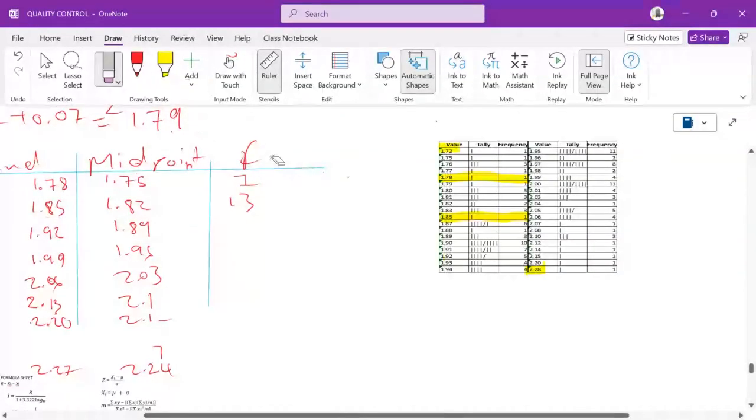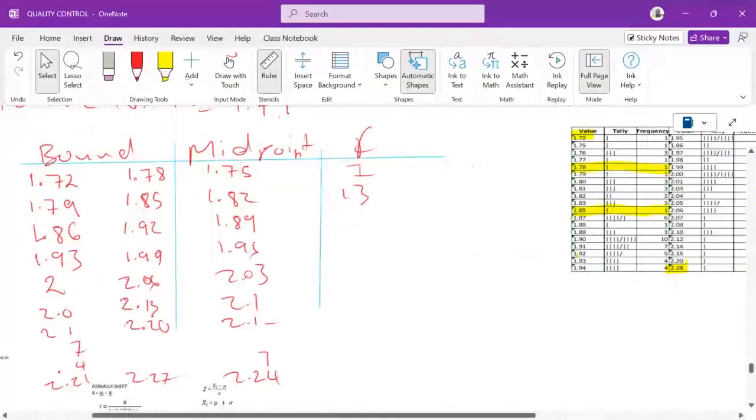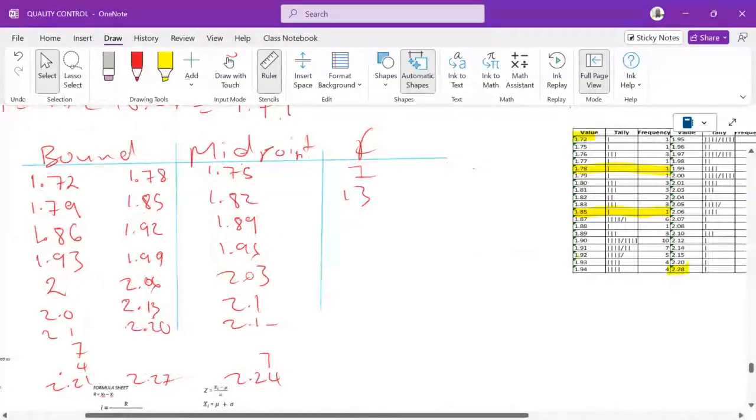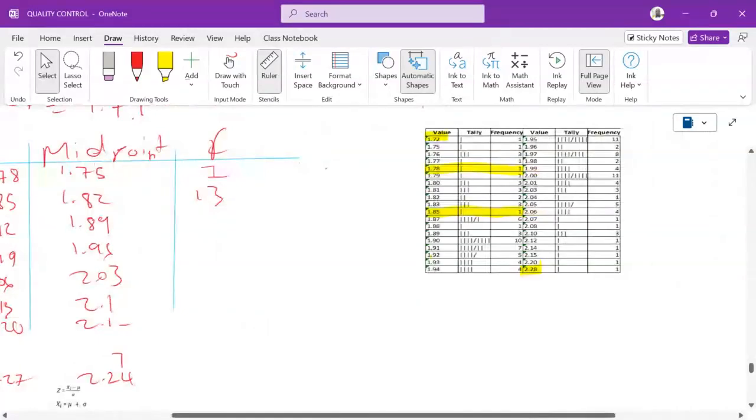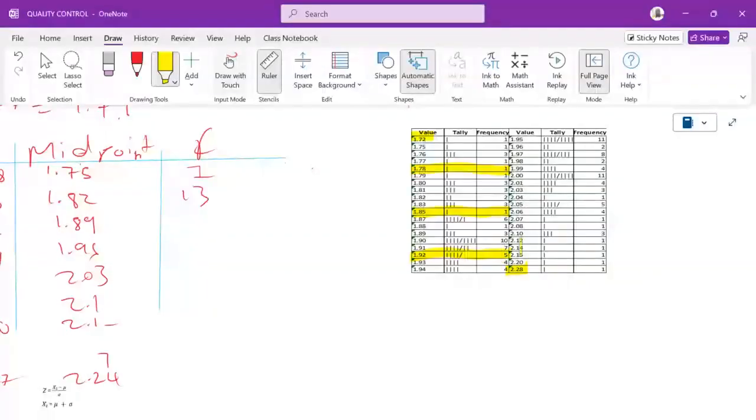So now from here, I have 86 to 92, which is here, it's 87 to 92. There's my 92 there. Then I combine 6 plus 1 plus 3 plus 10 plus 5 plus 7, which becomes 32.